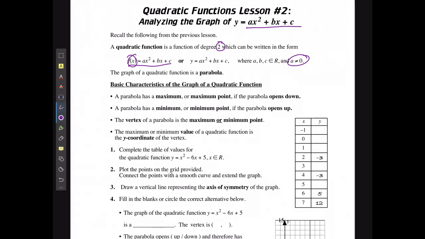The graph of this is a parabola. It's that arch that is symmetrical and opens up or opens downwards.